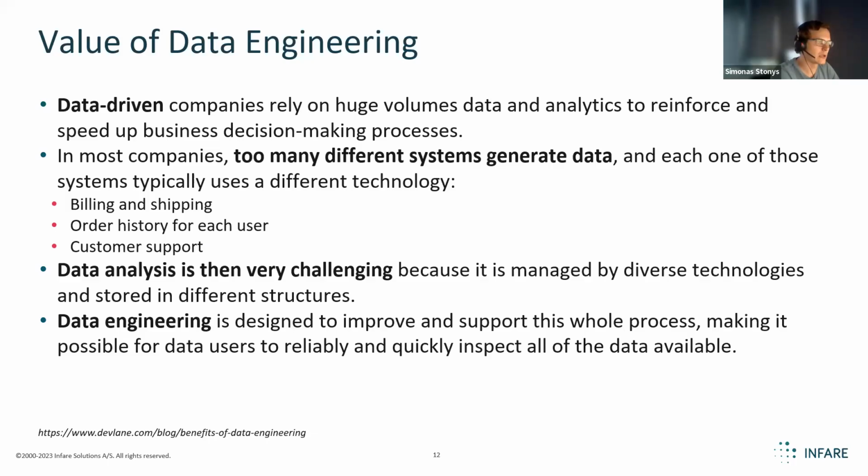Also, data analysis can be very challenging because the data sources can be very different. For example, one data source could be, as I mentioned before, the API, which returns JSON. Another data source could be a simple Excel file, and maybe the final data source can be a database.